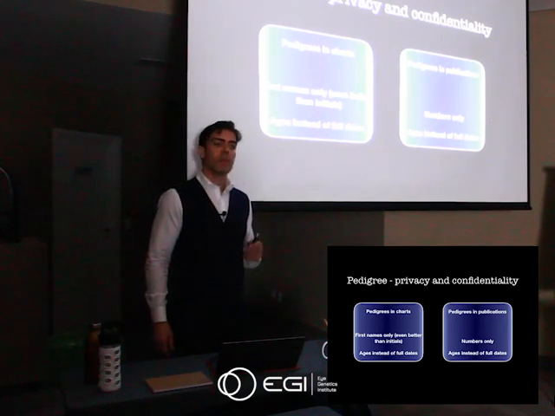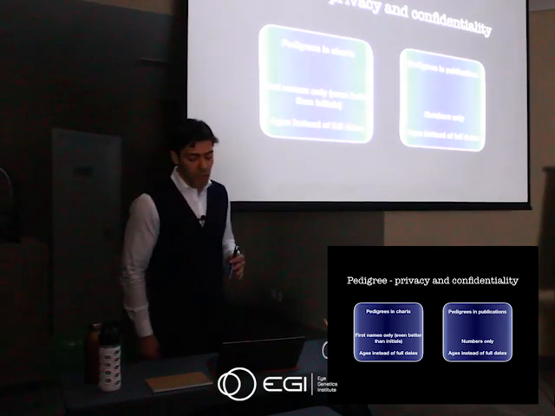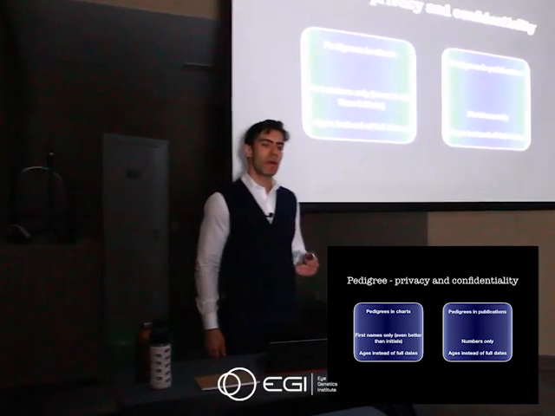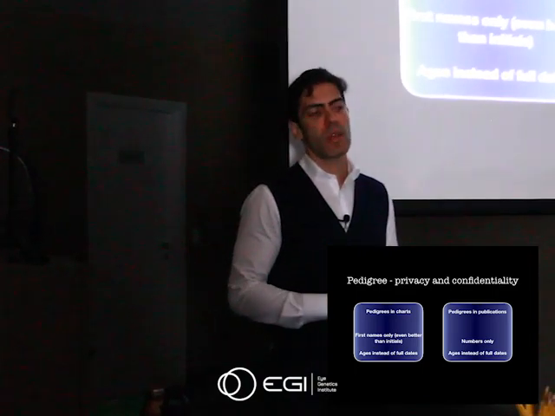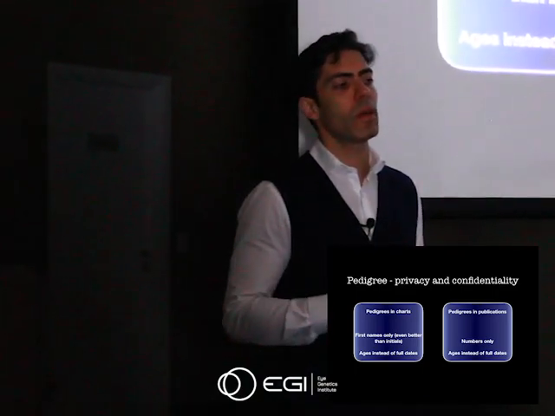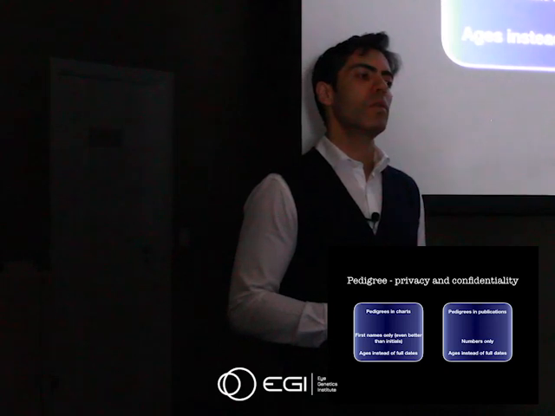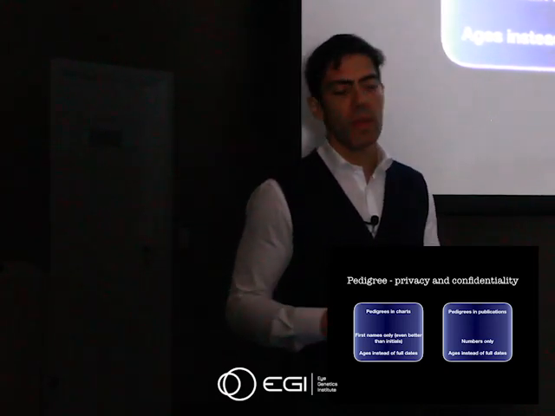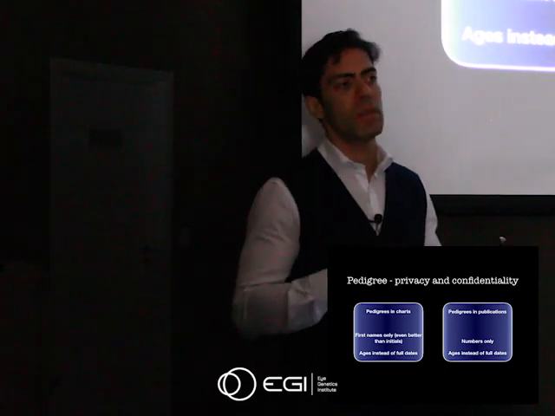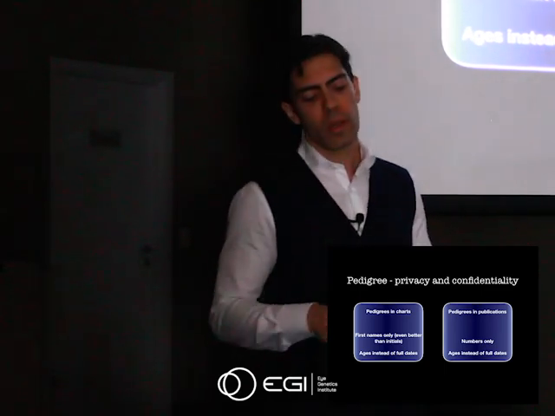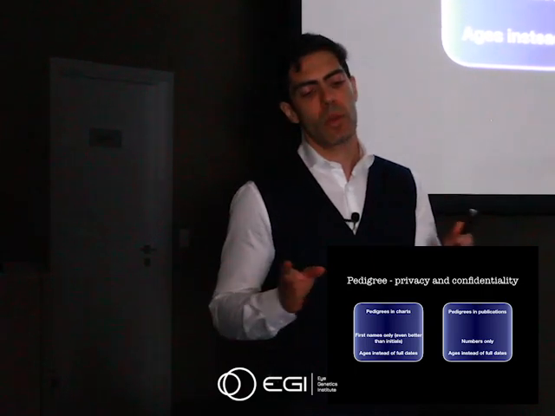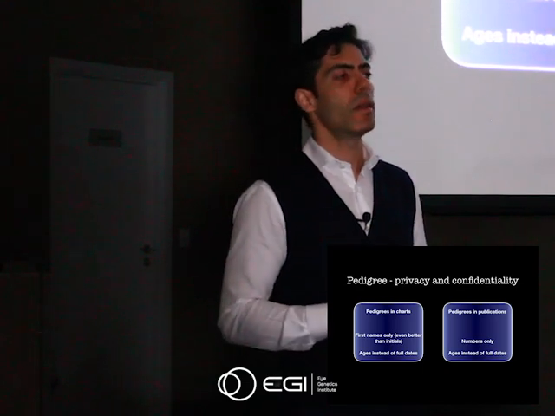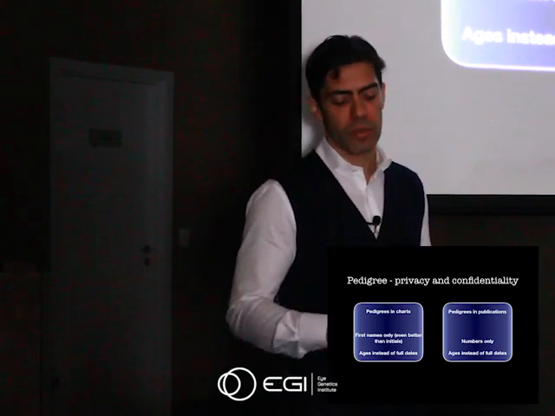It is very, very important to also speak about privacy and confidentiality when we draw a pedigree, because imagine that you are talking to a family member, and then you start to draw your pedigree, and you show how many brothers, how many sisters, the order in which they were born, their parents, their cousins, their uncles, aunts, and so forth.